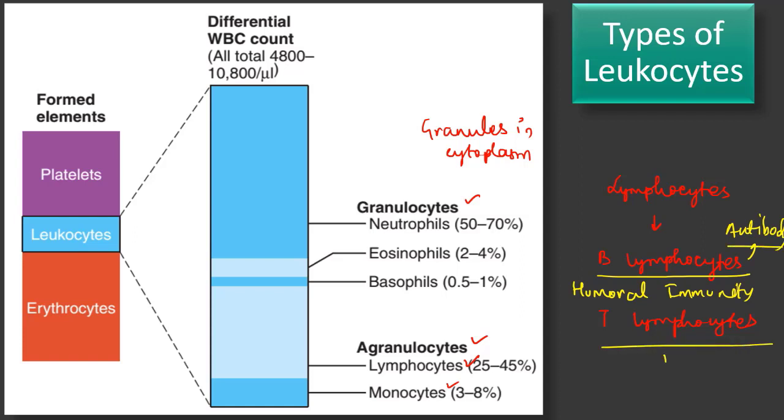The T lymphocytes, on the other hand, are involved with CMI, also known as cell mediated immunity, and they also play a very important role. Both the B and T lymphocytes are involved in humoral immunity, which is antibody mediated, and cell mediated immunity, which is T cell mediated. They play a very important role when we talk about immunity in our body.